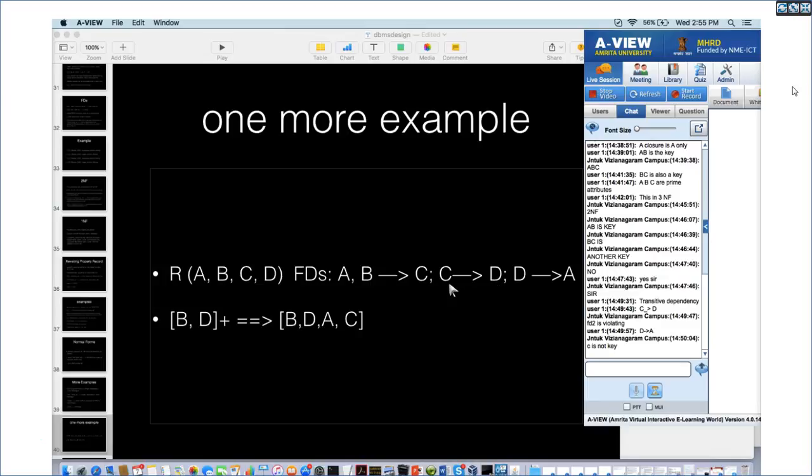C is not a key. Okay. Does this violate 2NF? What does it violate? It violates the 3NF. Okay. Right. It is in 2NF because no non-prime attribute. Okay. Which are the non-prime attributes here? Which are the non-prime attributes?